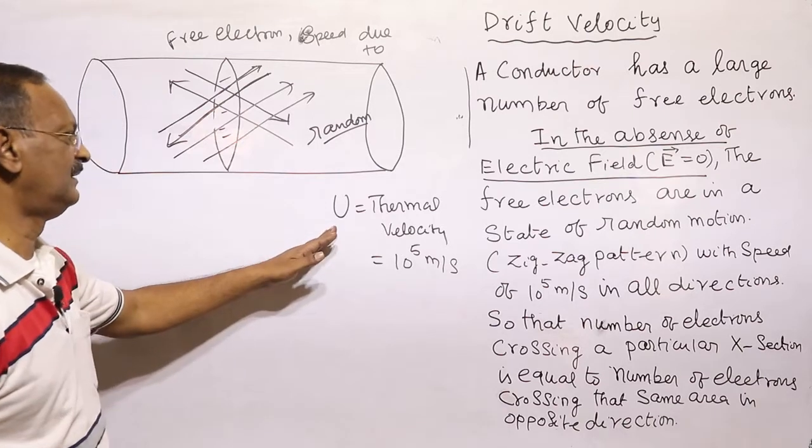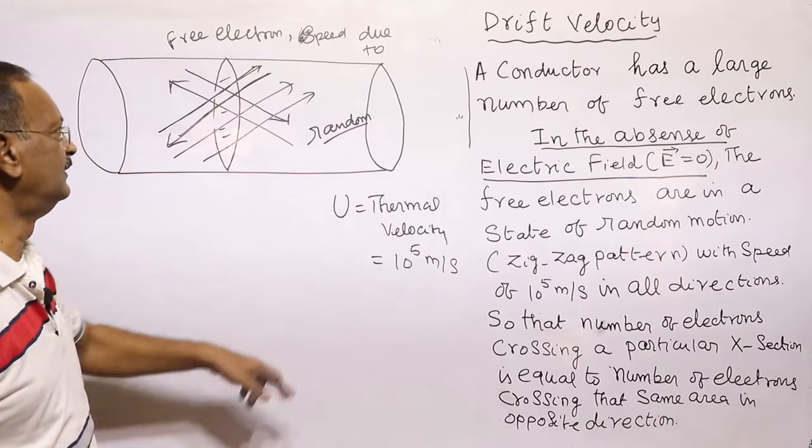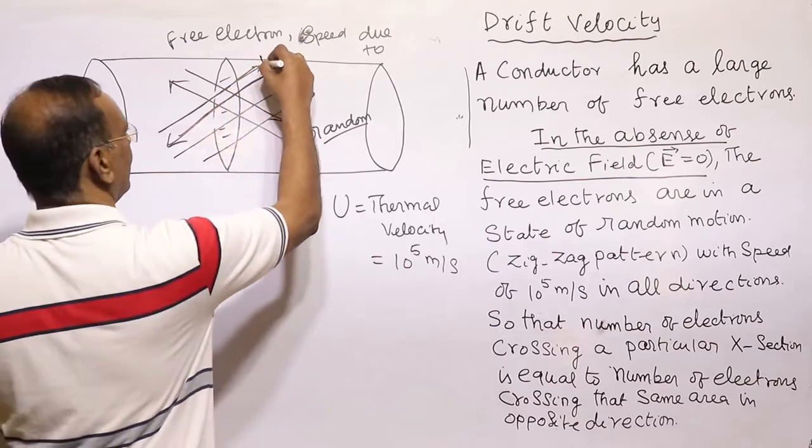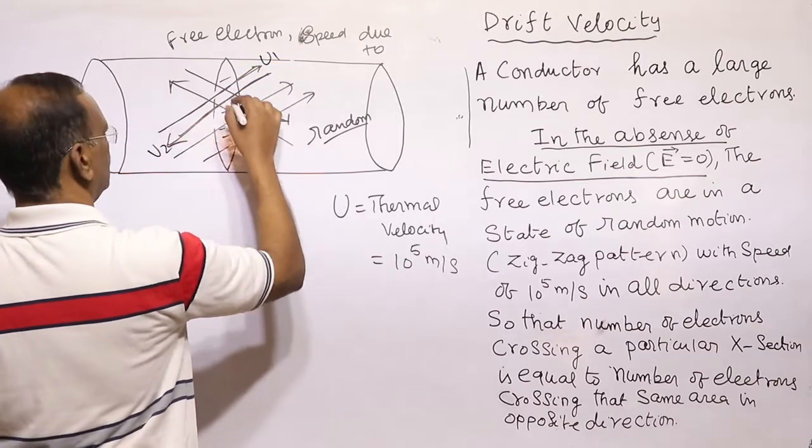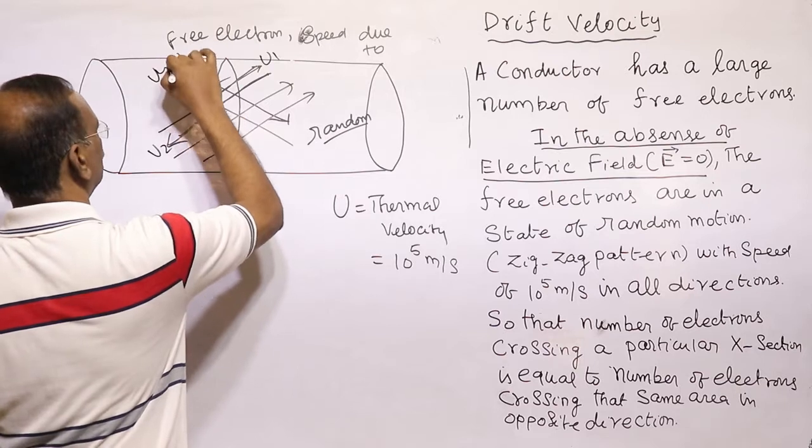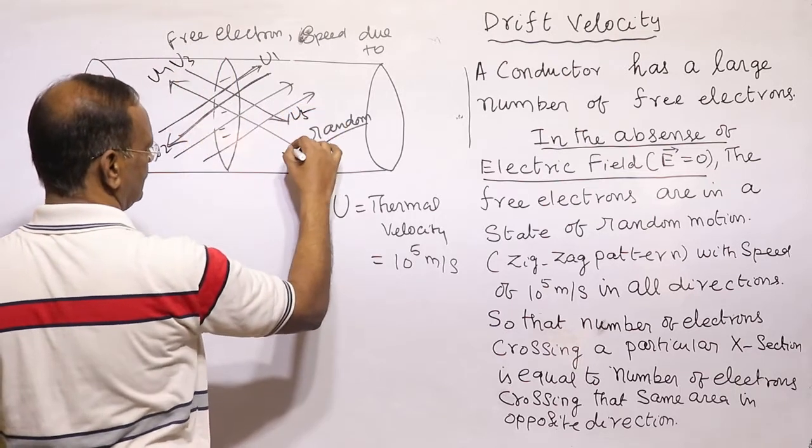So each electron will have velocities u1, u2, u3, u4, u5, u6, and so on.